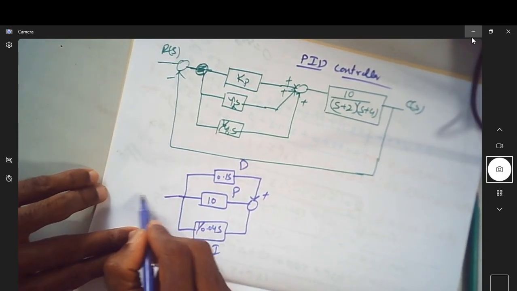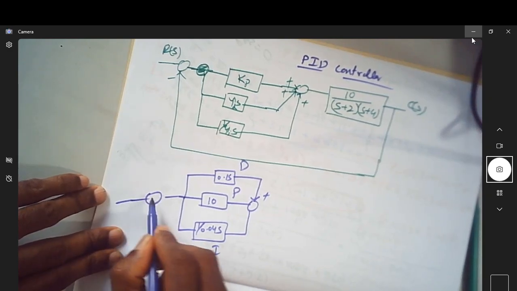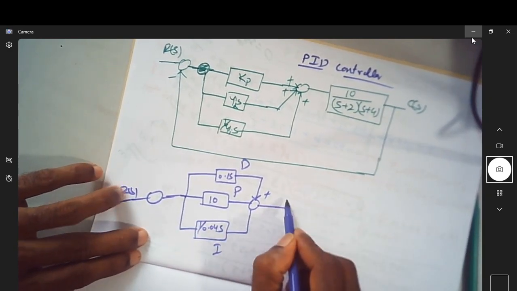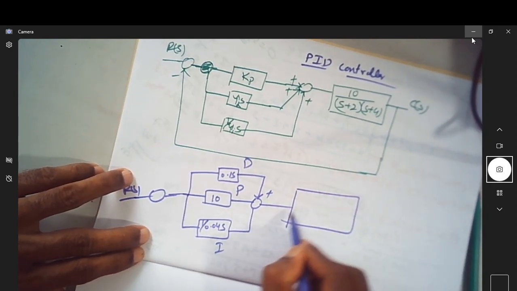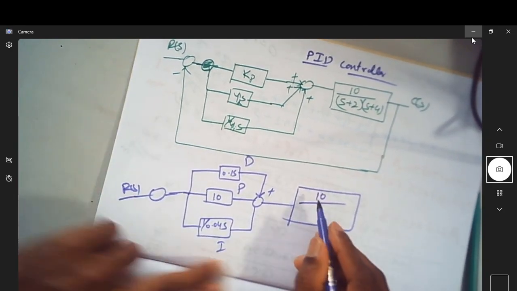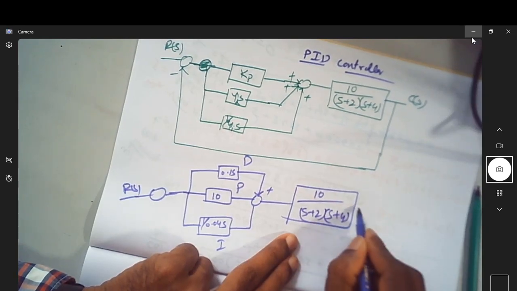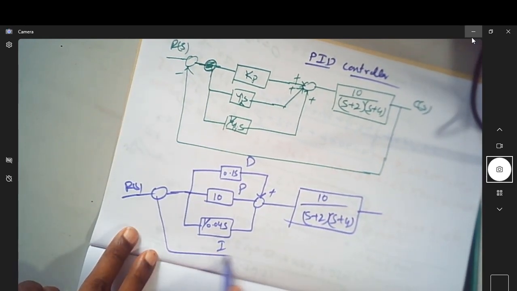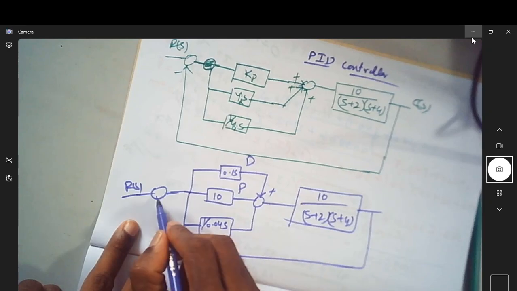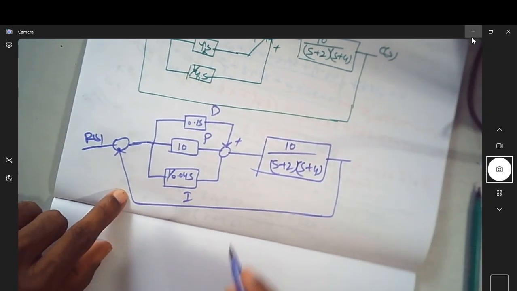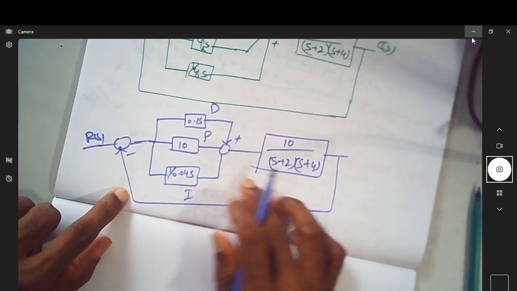So this is your, okay, let me take that feedback. This is R(s). So we have that same system, 10 by (s plus 2) into (s plus 4). So I'm just having the same thing here. So this is what we have, this is minus.